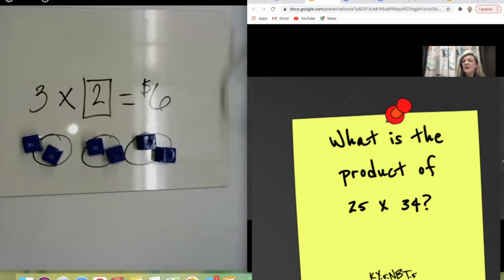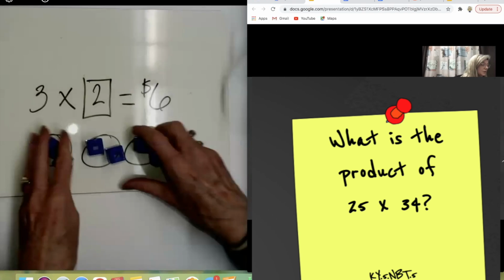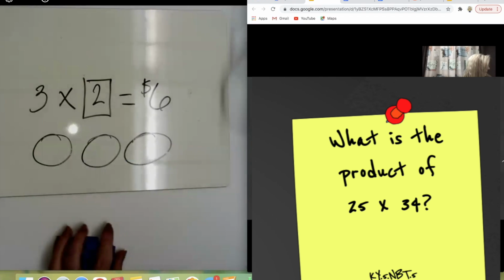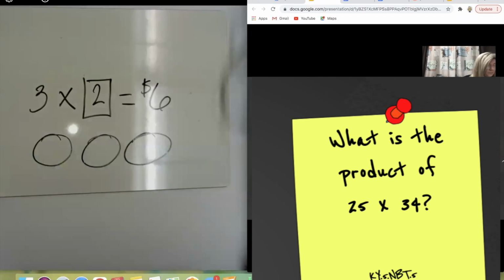So that keeps the numbers that we're multiplying, our factors, fairly low. So our kids will be able to work with them and actually build those numbers if they need to. So I want to show how we can do that using the area model.